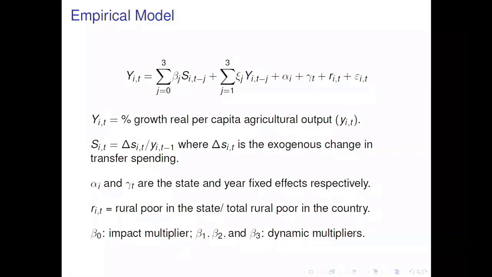RIT is the rural poor in the state divided by the total rural poor in the country. Beta naught would measure the impact multiplier, that is the impact of spending $1 at a state in that particular year. And these are dynamic multipliers, beta 1, beta 2, beta 3. So the specification is extremely simple because the hard work is essentially constructing the narrative shock series.